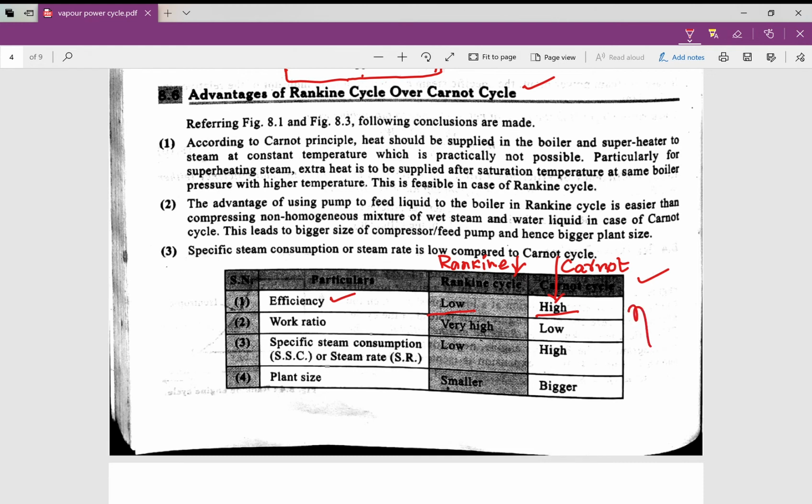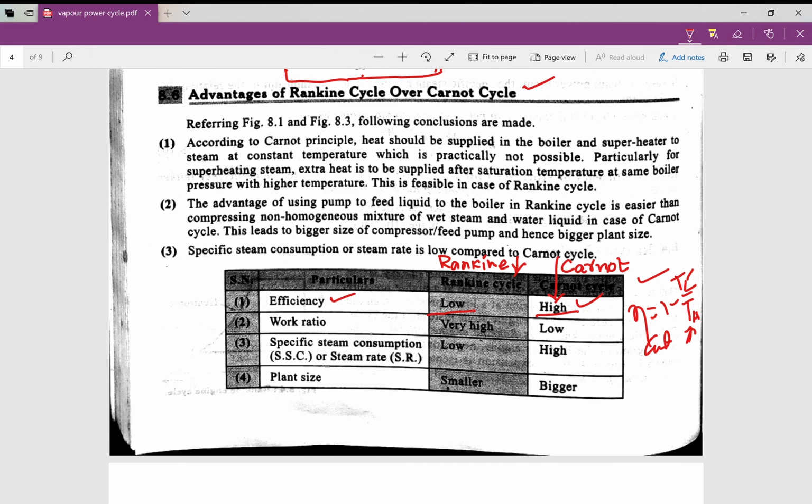We have written earlier, that is 1 minus TL upon TH. This is your Carnot cycle efficiency, TL being the low temperature and TH the high temperature. So being an ideal cycle, the Carnot efficiency would always be more than that of the Rankine cycle.